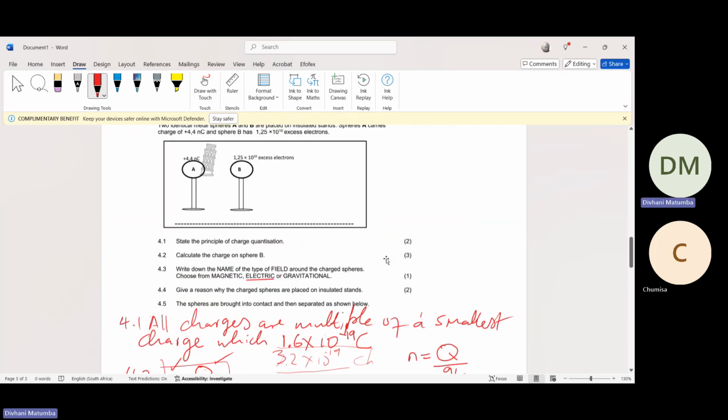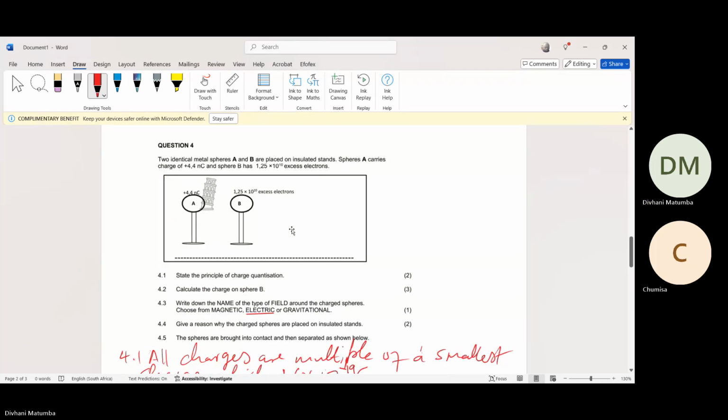Okay. Which sphere loses electrons when the two spheres come into contact? Which one will lose electrons? Sphere A or sphere B, and why? The reason I'm not sure, sir, but I think it's going to be sphere A. Oh no, it's sphere B, sir.